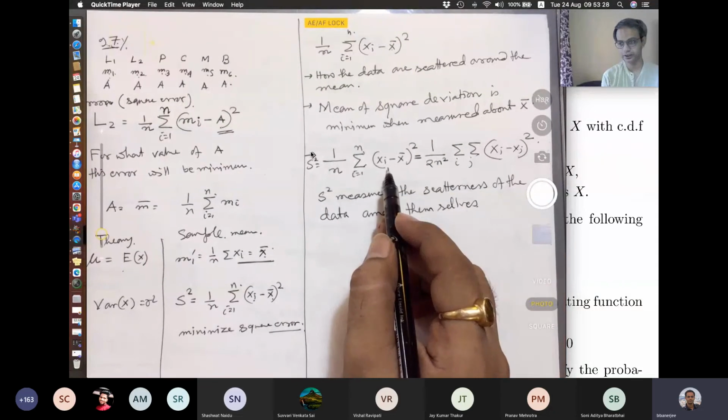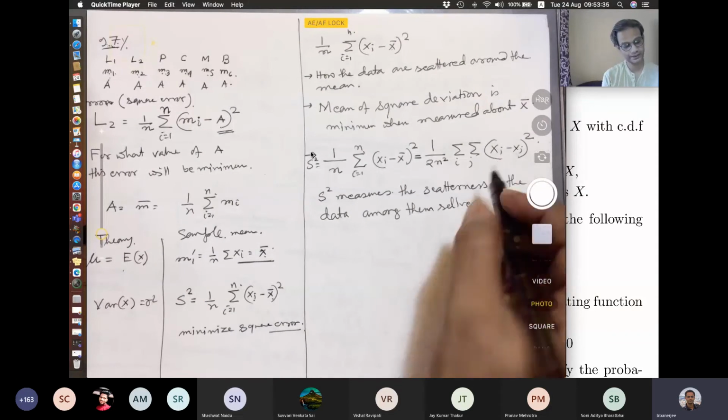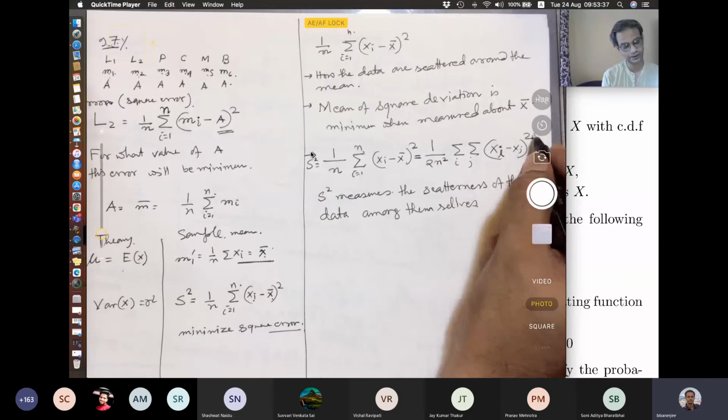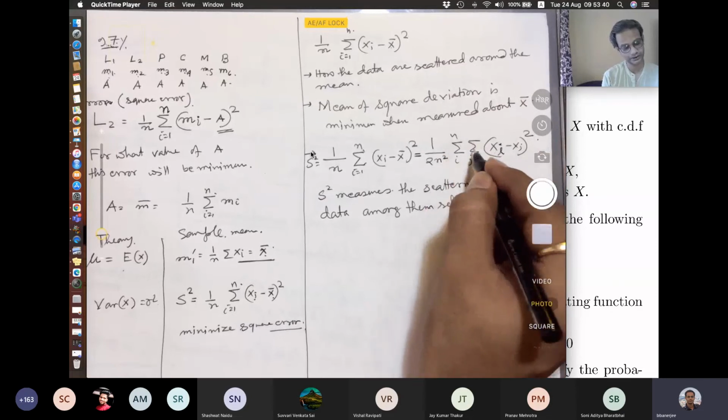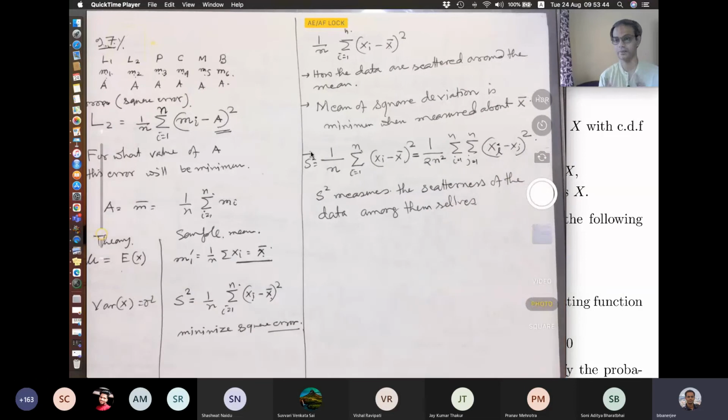That is not clear from here, but from this expression it is clear. Xi minus xj whole square, i running from 1 to n, j running from 1 to n, double summation. For any pair you choose, take the square difference among them, and then their average. So it also has this interpretation of how they are scattered among themselves.